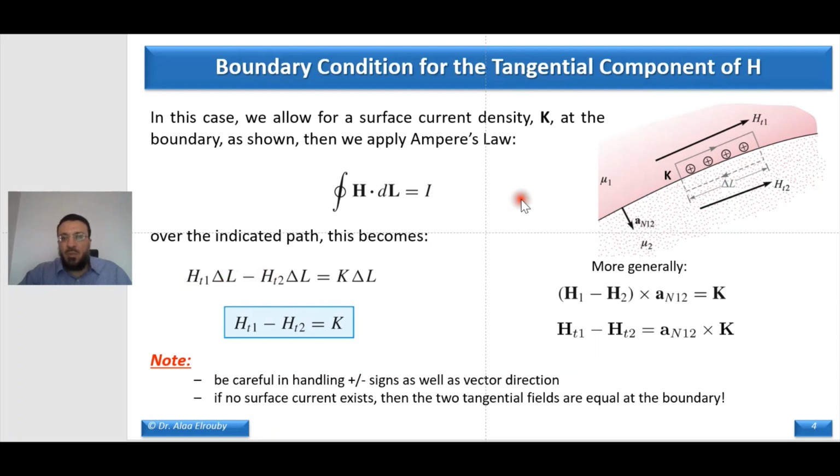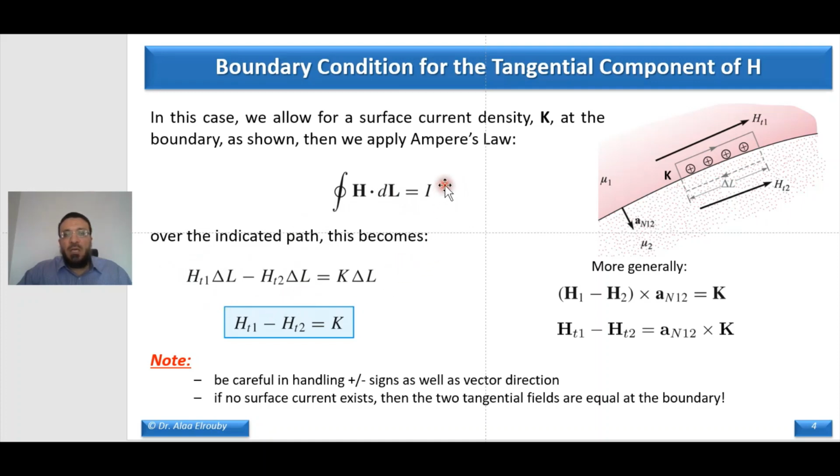This minus is because delta L is in this direction, while we assumed H tangential 2 is in the opposite direction. That's why we have this negative sign. So now we have H dot dl on the left side, which is this expression.